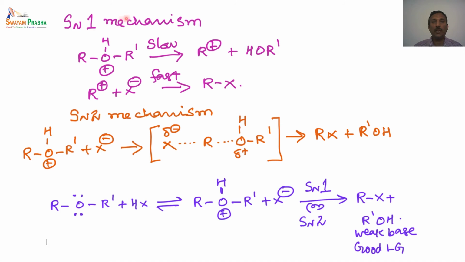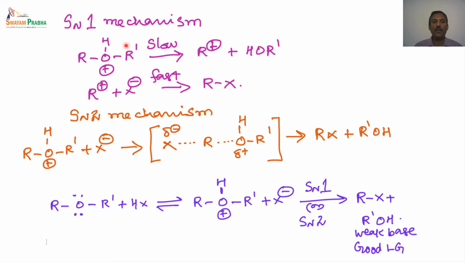For the Sn1 mechanism to occur, this particular ion has to undergo slow decomposition to give the carbocation. So if R or R prime is a tertiary alkyl group, then they can easily form the carbocation with the easy removal of the alcohol R prime OH. This carbocation can then be attacked by the nucleophile to form the RX.